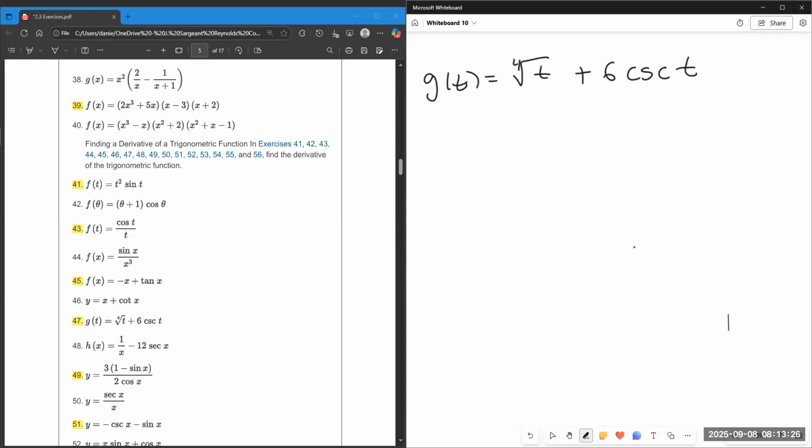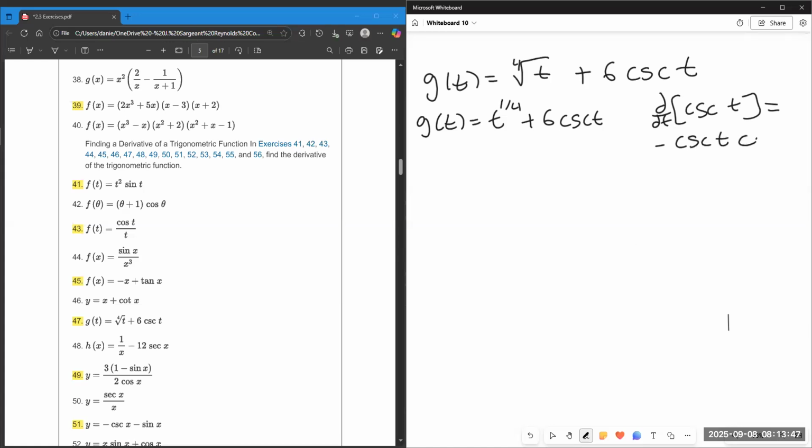So g of t is t to the 1/4 power plus 6 cosecant of t. The derivative with respect to t of cosecant of t is going to be a negative cosecant t cotangent of t.